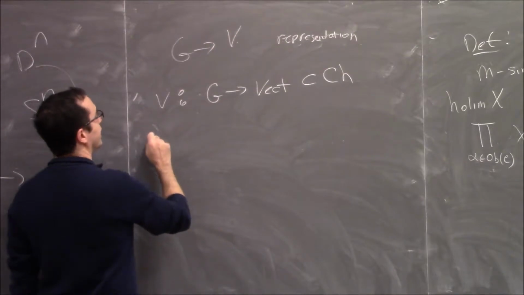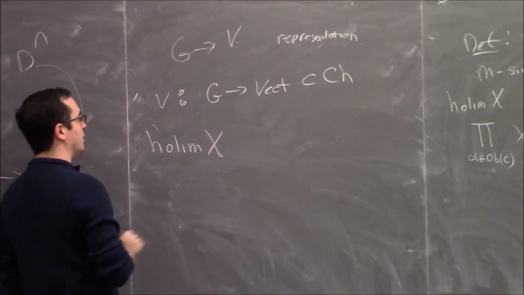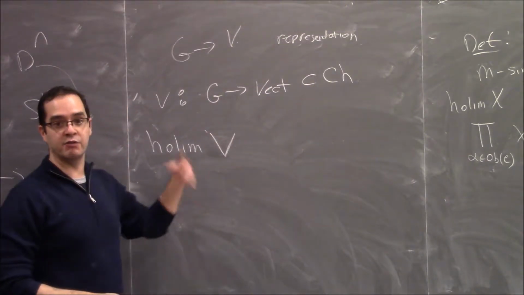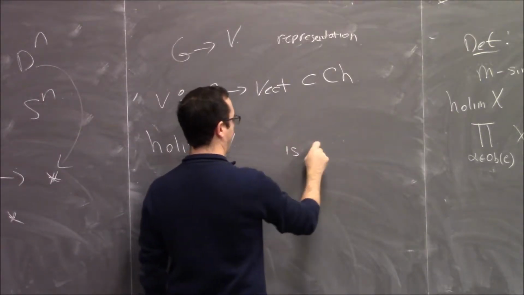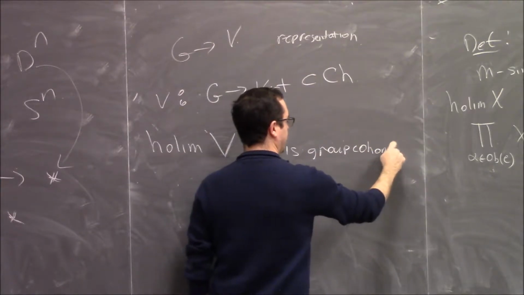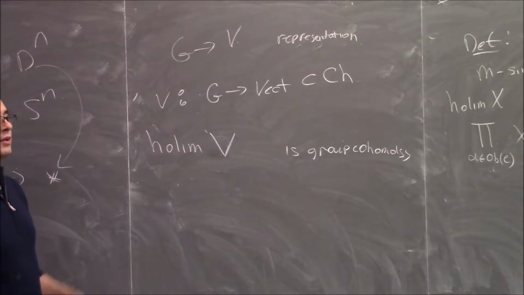And then I think if you take the homotopy limit, you get group cohomology, or the chain complex that everyone defines to get group cohomology.